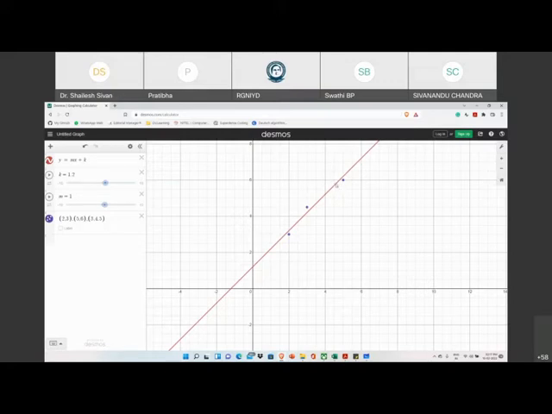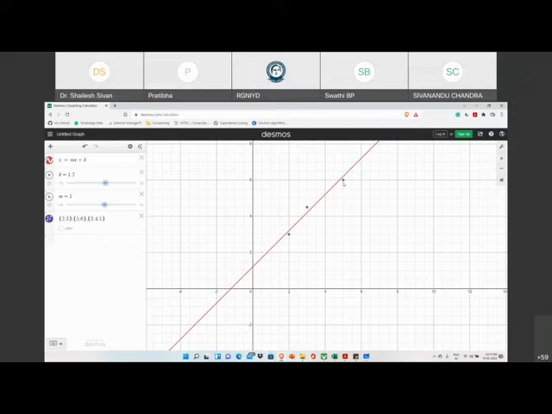Okay. So finding a line passing through or approximately passing through a set of points is actually the task of finding the values of m and k, right? If you want to find a line which approximately passes through a set of points, then you have to adjust the values of m and k such that the line passes through all the points approximately, right?